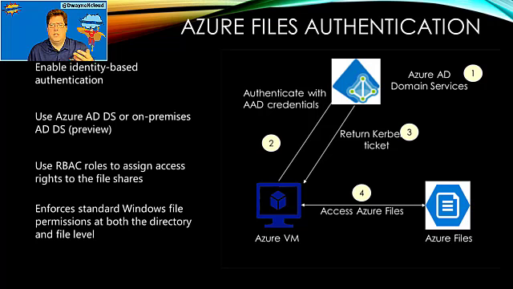This workflow is very similar to how a workflow would work if we're utilizing a file server in our on-premises data center for our organization. We're going to present our credentials to access those files, and it's all going to go through Azure Active Directory domain services, utilizing a Kerberos authentication token to provide that verification of our identity and our requirements for access.